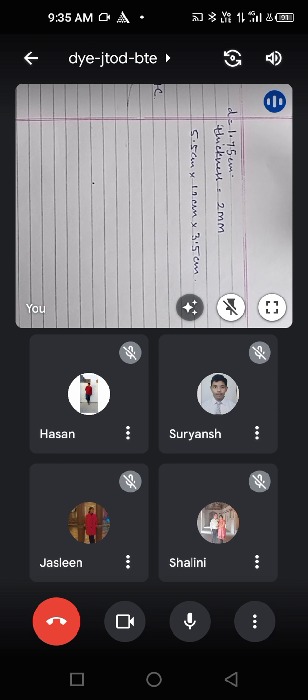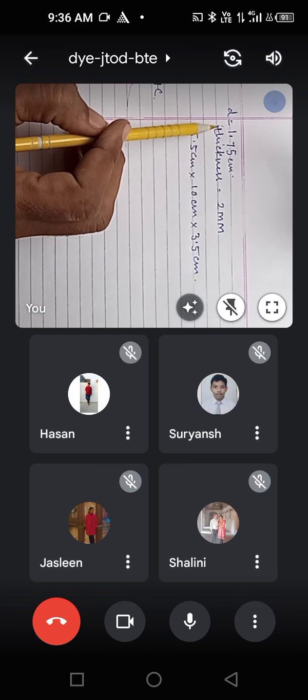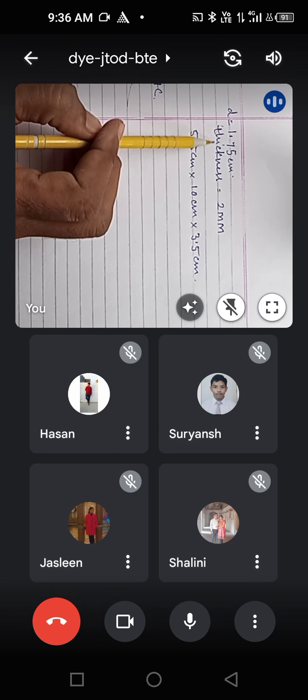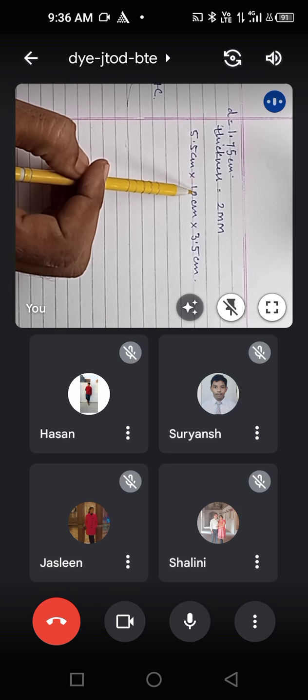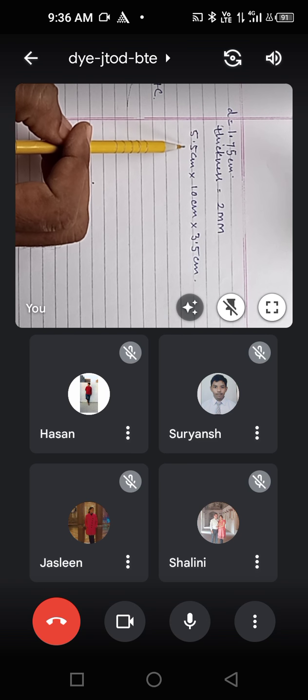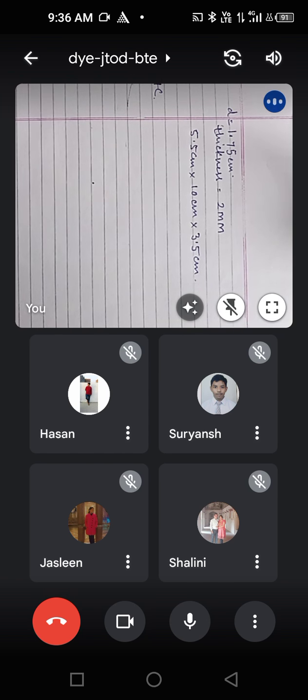The solution says that the volume of silver being used to melt all the coins, the volume of all the coins should be equal to the volume of the cuboid, isn't it? Write down.